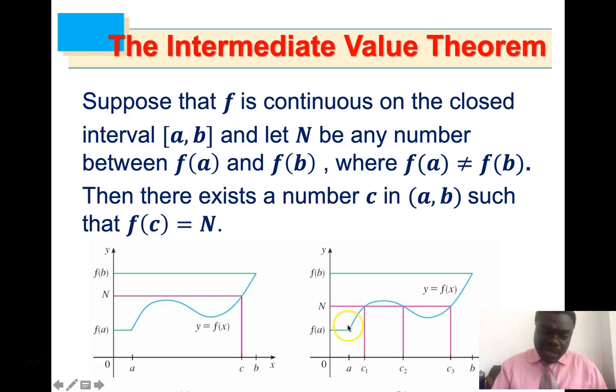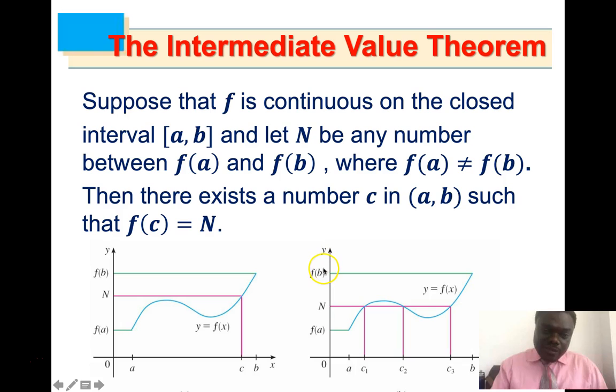This is another sketch here. Let's say you have a is some value here, and b is some value here such that f of b is there. Remember, f of b cannot be equal to f of a, because if f of b is equal to f of a, then it's just the same value in the function. Then there will be no n between them.